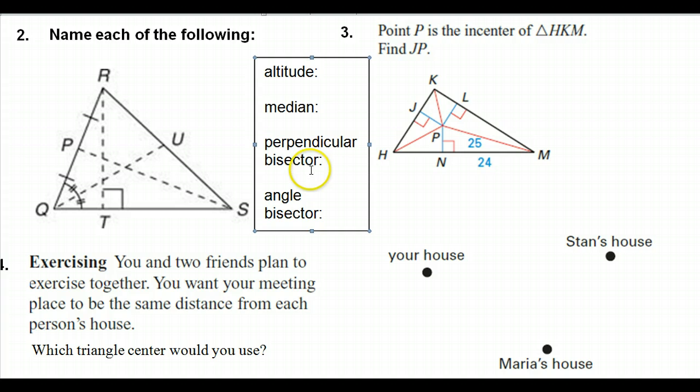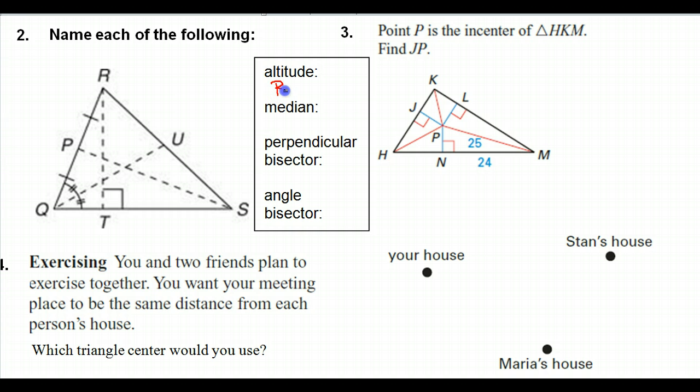Okay, so now going back to the problem, look at RT for example. RT starts from a vertex and it is perpendicular to the other side. So that is an altitude.